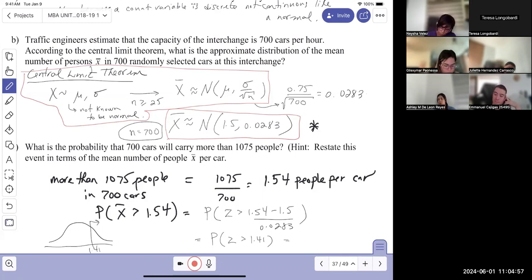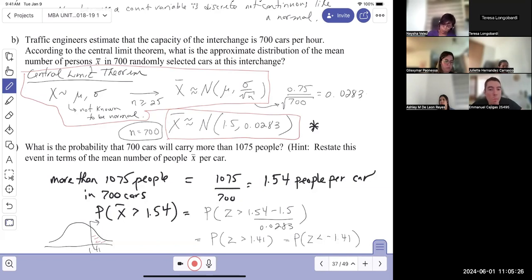You want to go greater than 1.41, so you have to go in this direction. So again, it's 1 minus, or the alternative is to change the sign and the direction and you get the same answer, right? Get used to that because you need it to learn about the t distribution. If I change the sign and the direction, I get the same answer because of symmetry. So you can look up negative 1.41 to get the answer without the 1 minus.